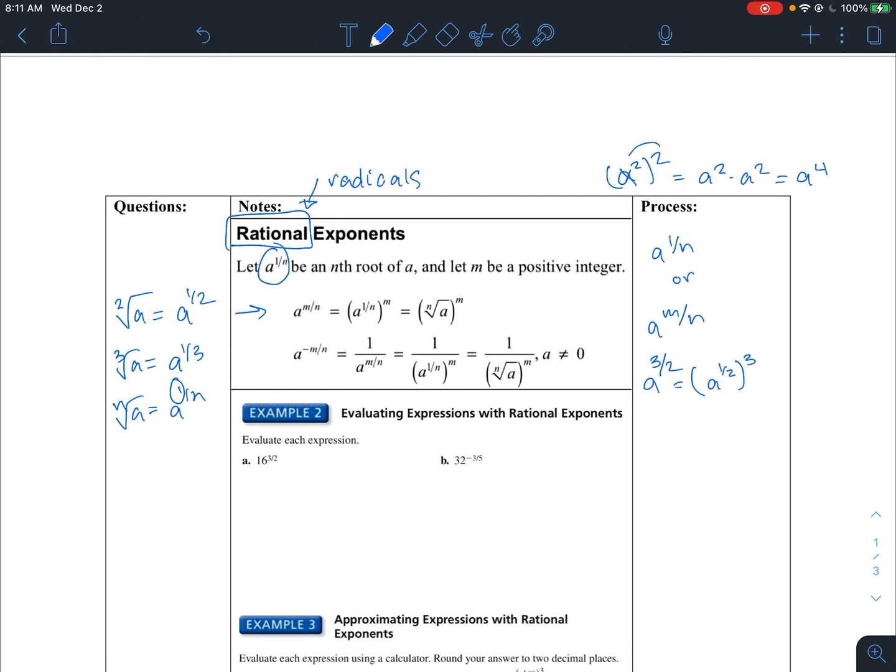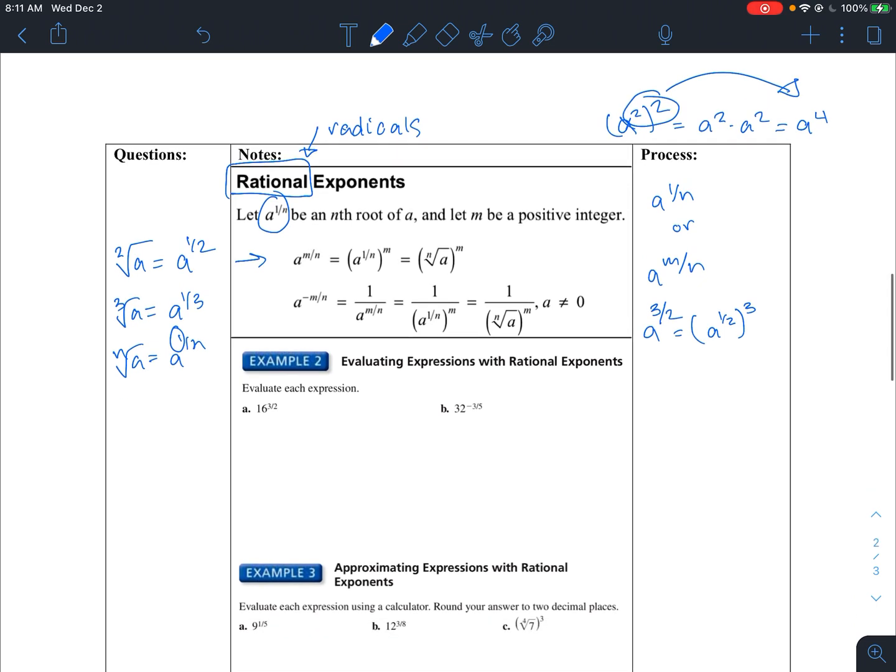So basically, you can multiply these exponents to simplify. So a to the 1/2 to the 3rd would be equivalent to a to the 3 over 2.